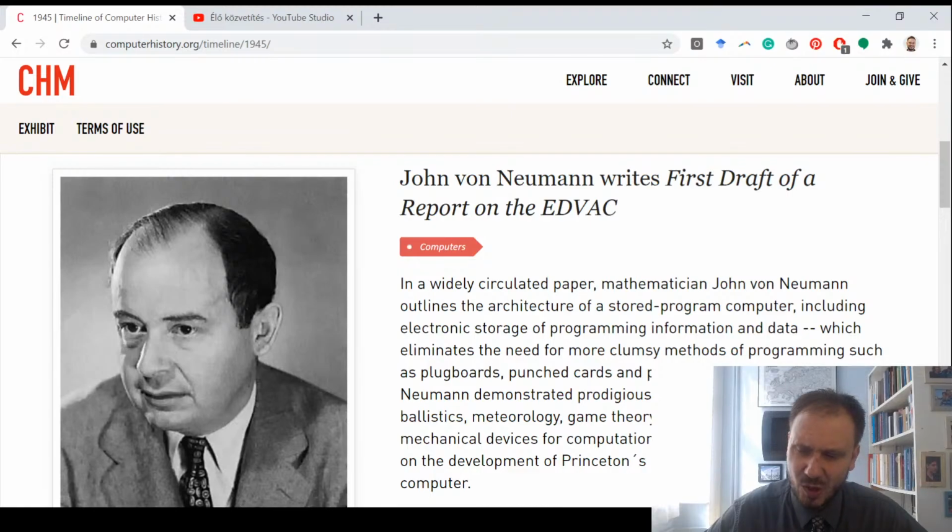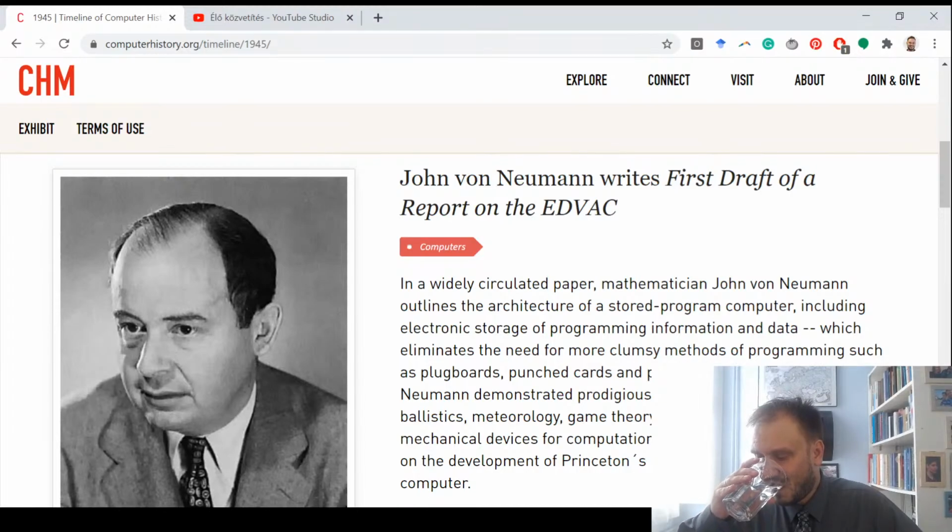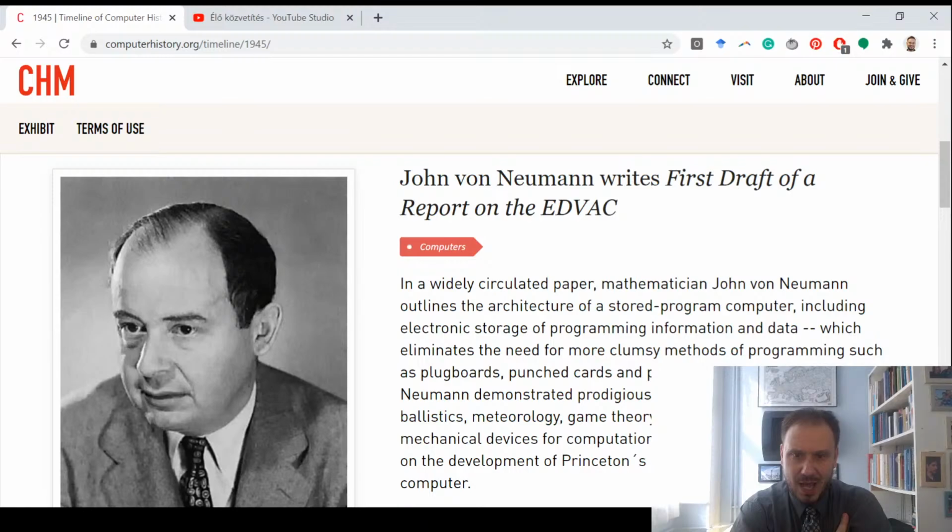His intention was to get as many people as possible acquainted with the idea of a modern computer, and it had electronic storage of programming information and data. So before his time, no one thought that it would be possible to store data and the program in the same space. This helped eliminate clumsy methods of programming such as plug cards.